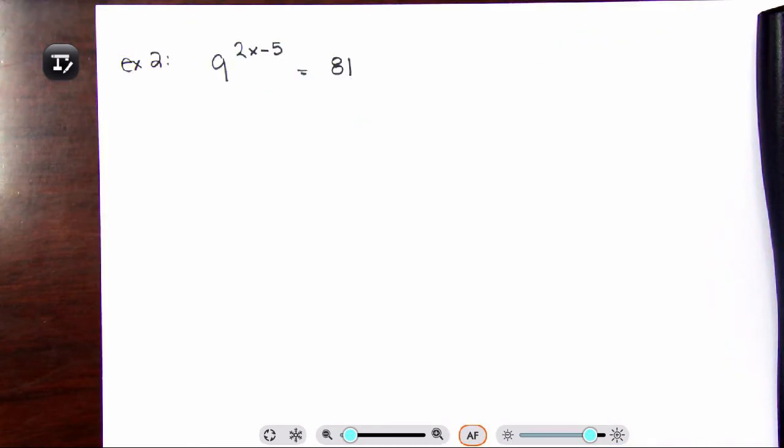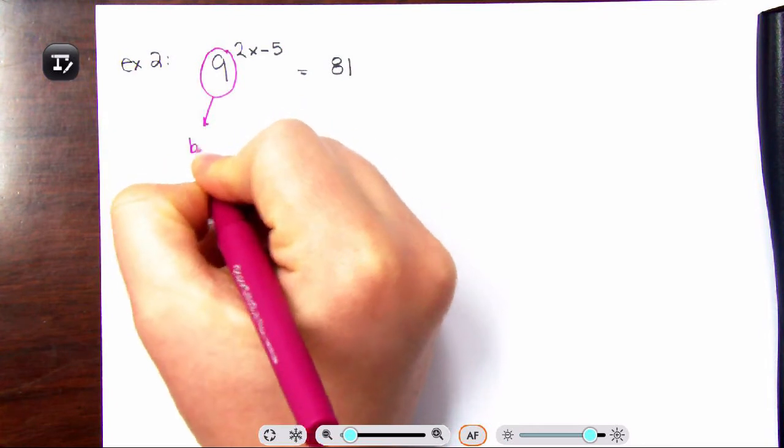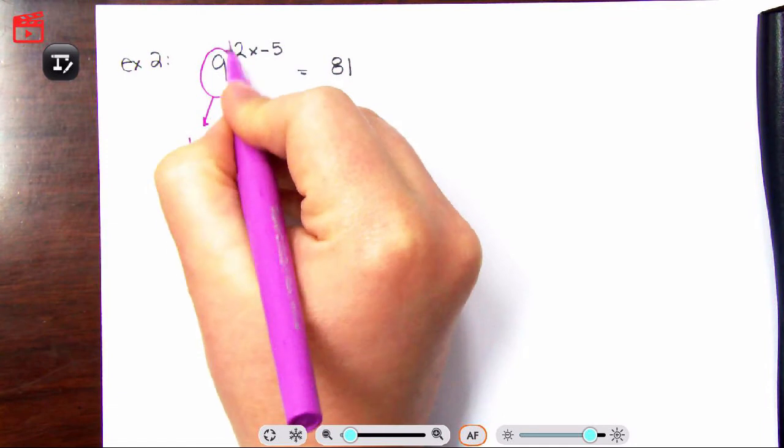So for example 2, obviously we have another example. Here is our base, which is 9. Here is our exponent, 2x minus 5.